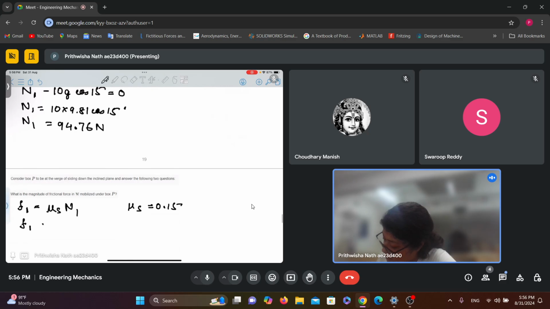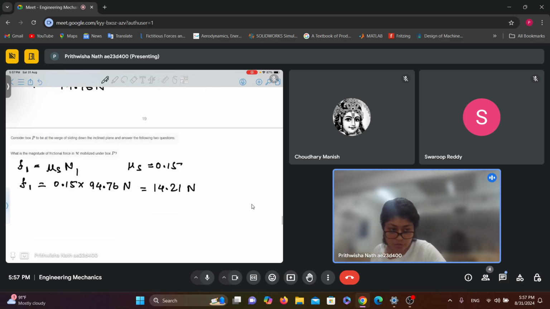So F1 is 0.15 into 94.76 Newton. This is equal to 14.21 Newton.